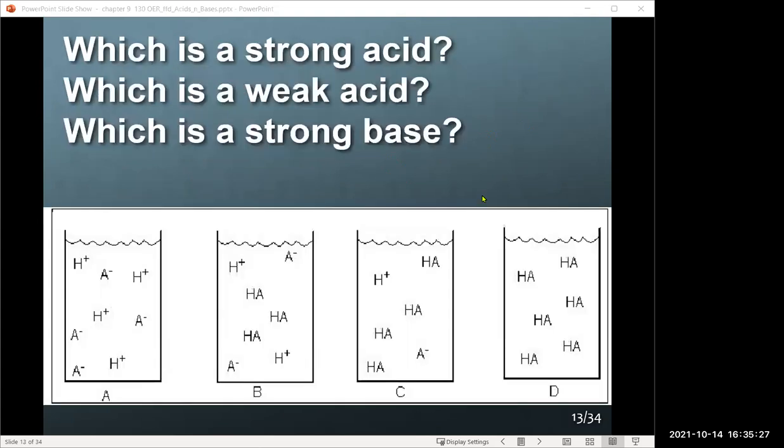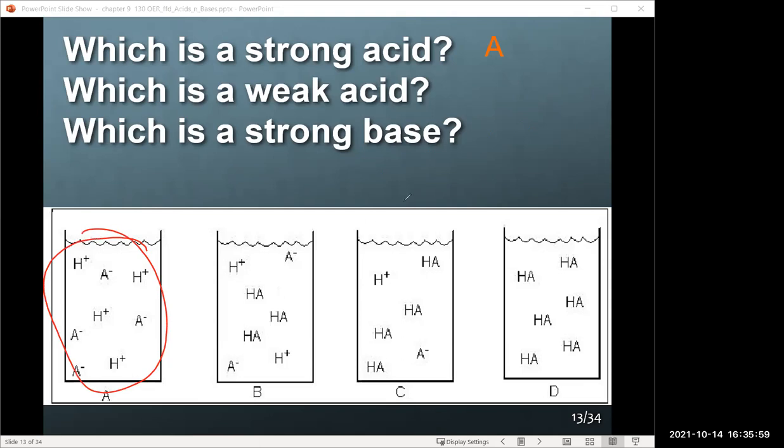Now let's take a look at these diagrams. You've got a generic chemical in solution, HA. It can be anything, but you notice that it must be an acid of some sort because we have H plus. Based on the diagrams, the strong acid will be shown by A, right? Everybody see that? Because literally all of the HA has totally dissociated, 100%.